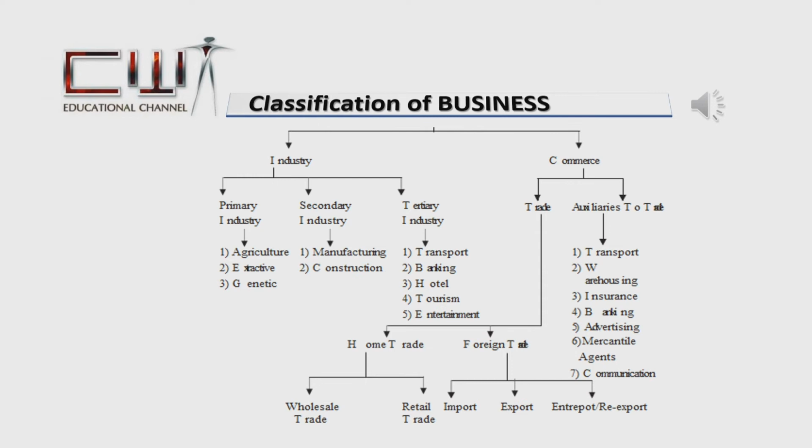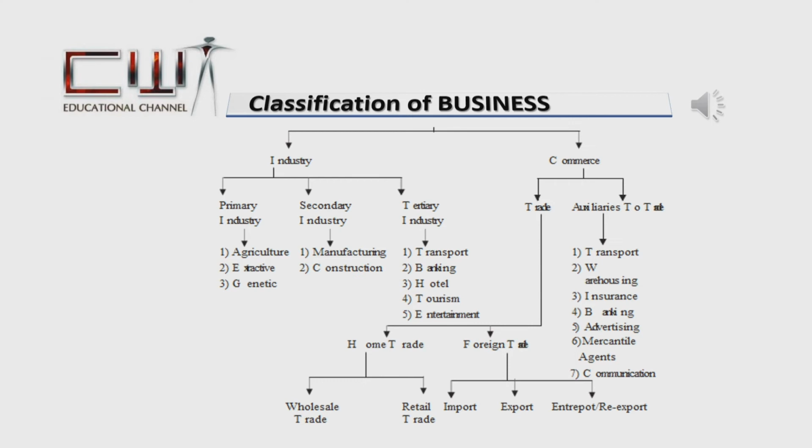Now, tertiary industry, as we said, it is a service industry. It provides help to the other industries for transport. The goods which are made by the manufacturing industry are to be transported. The transport industry helps in transporting the goods from one place to another. Then there is the banking industry, which helps in the finances of the manufacturing units or the businessmen or organizations.